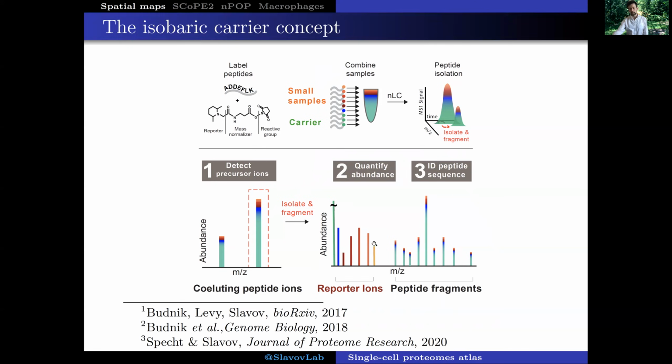And based on these reporter ions or barcodes, we can quantify the relative abundance of the peptide across all samples. And based on the peptide fragments, we can determine the sequence of the peptide.